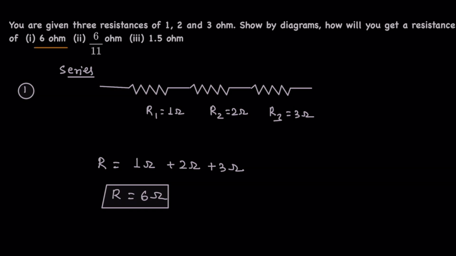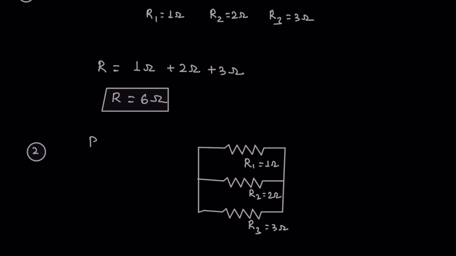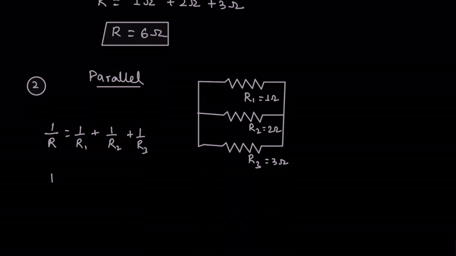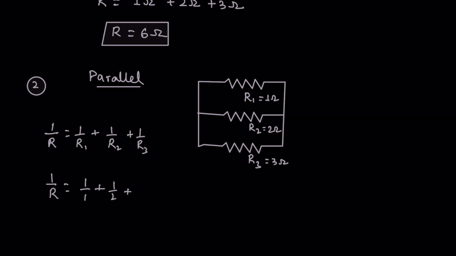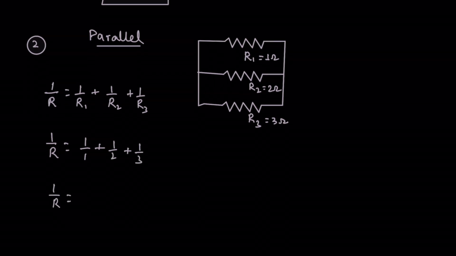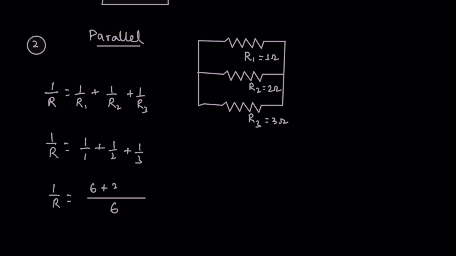Let's see the second one. In the second arrangement, we take a parallel arrangement. So here the total resistance will be 1 by R1 plus 1 by R2 plus 1 by R3. So 1 by R is equal to 1 by 1 plus 1 by 2 plus 1 by 3, which is 6 plus 3 plus 2, 11 by 6 ohm.